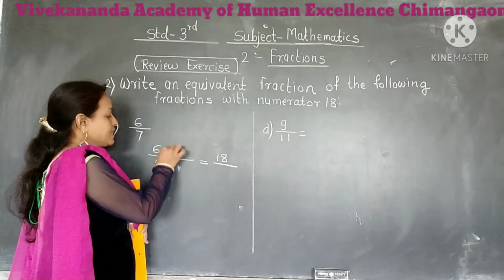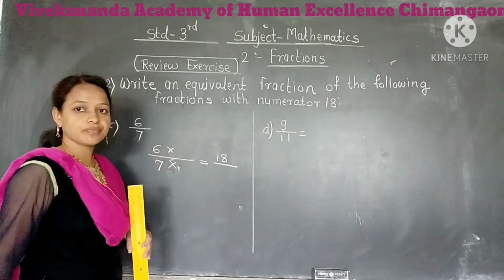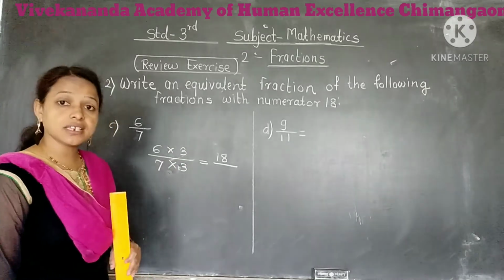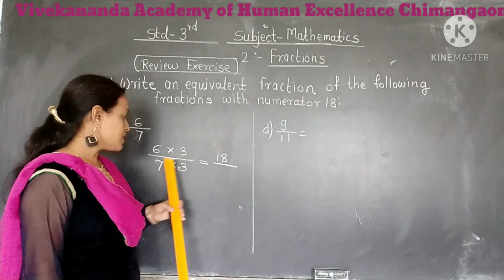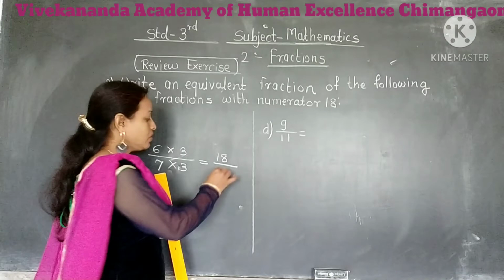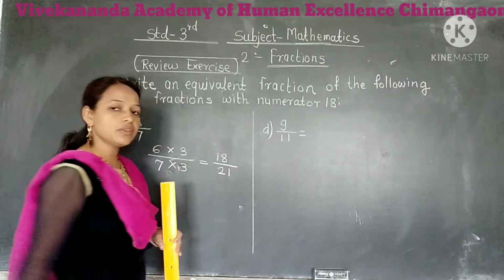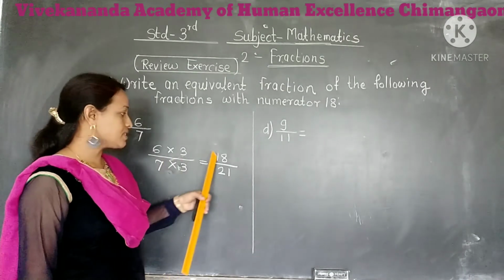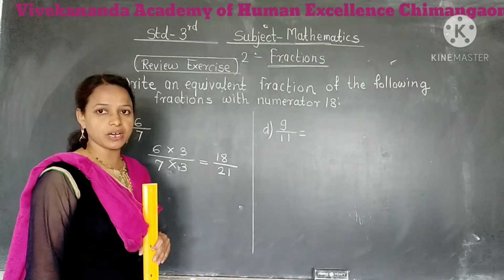So we multiply 6 and 7 by 3. 6 threes are 18 and 7 threes are 21. So here we get 6 upon 7, its equivalent fraction, as 18 upon 21.